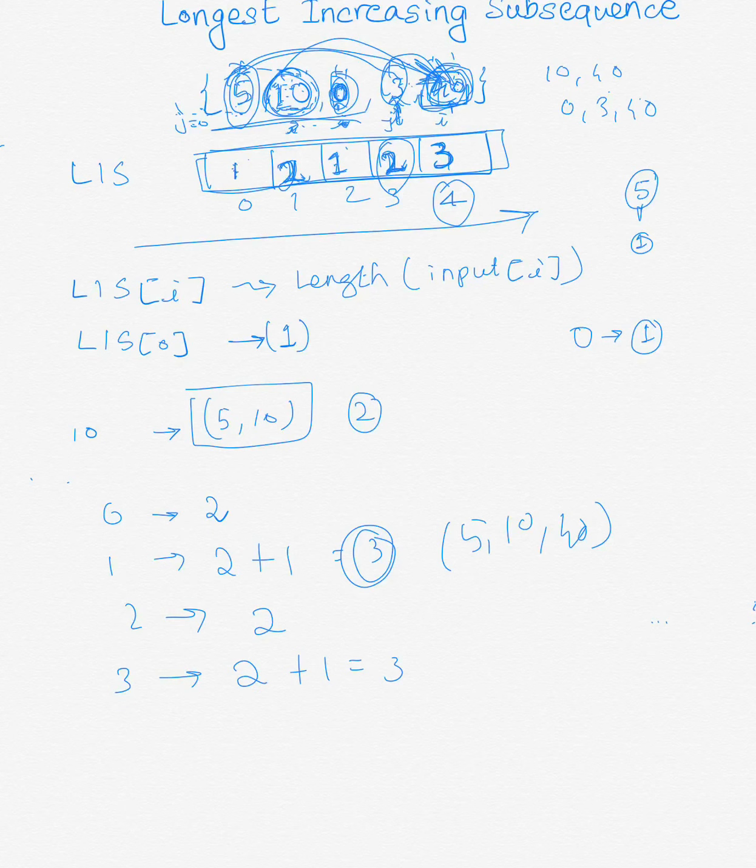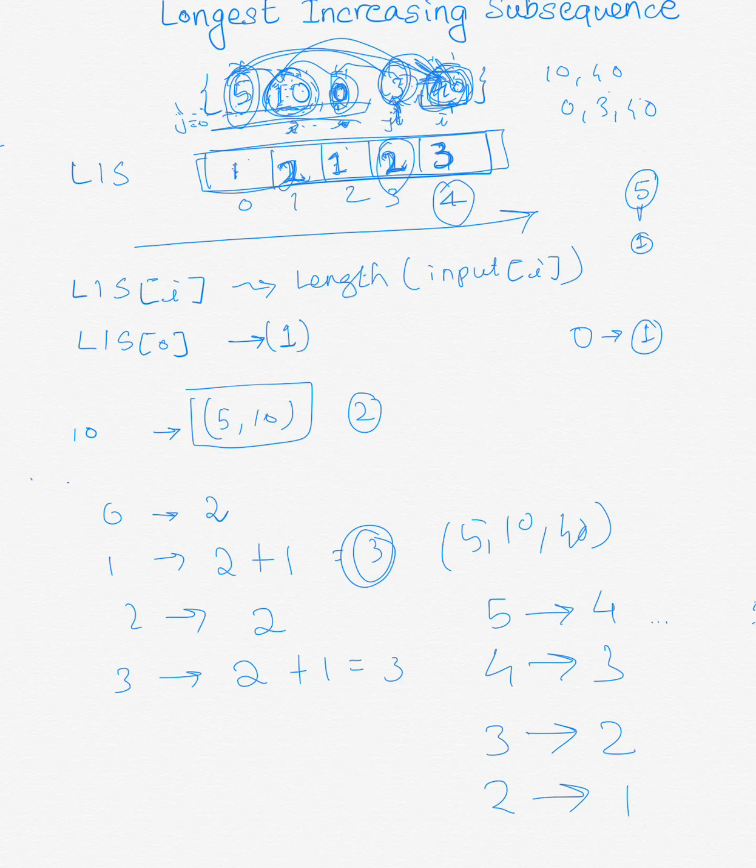As you can see here, the number of operations: when you look at the last element, in this case there are 5 elements. For the last element we had to compare 4 numbers. When we were at the 4th element we had to compare 3 numbers, at the 3rd element 2 numbers, at the 2nd element 1 number.